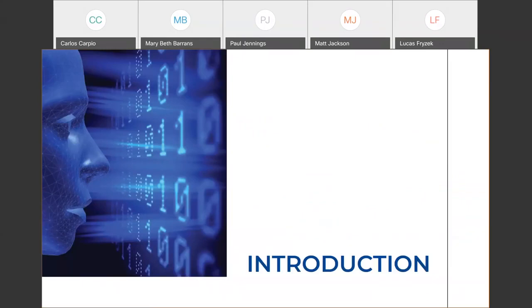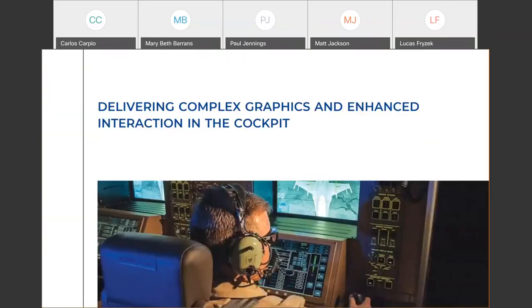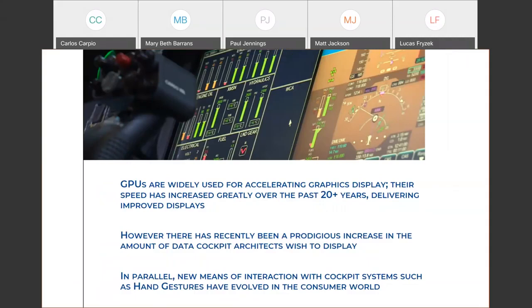So to introduce what we're going to talk about, we're looking to talk to you about how to deliver complex graphics and enhance interaction in the cockpit. Our systems have become more and more complex. This is an important topic right now. GPUs have been widely used for 20 or 30 years in order to accelerate the graphics display in cockpits, and prior to that on our desktops.